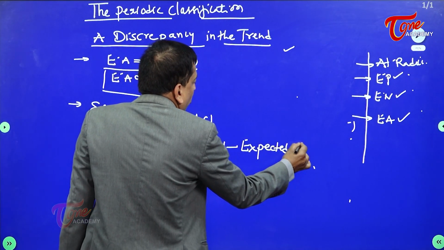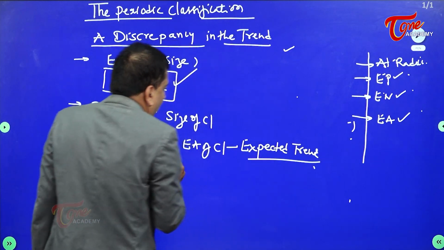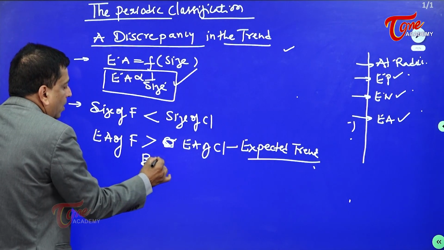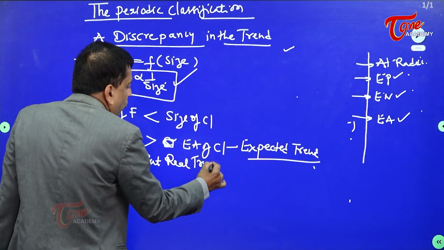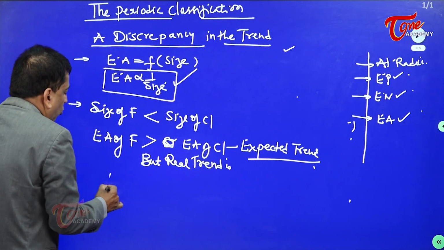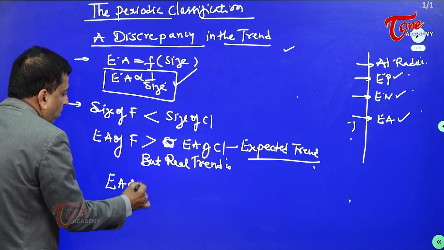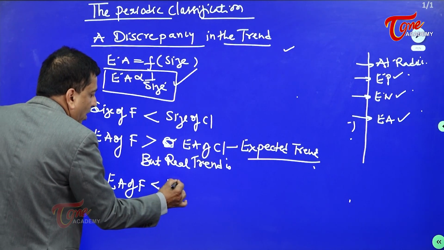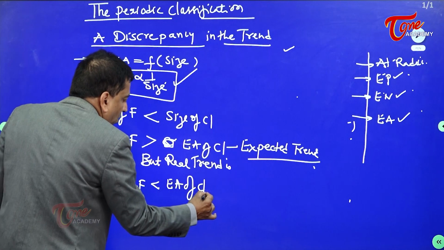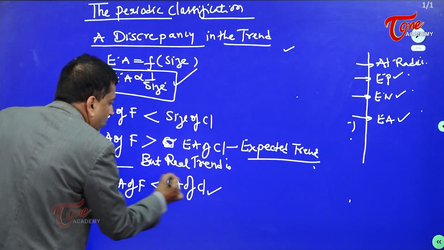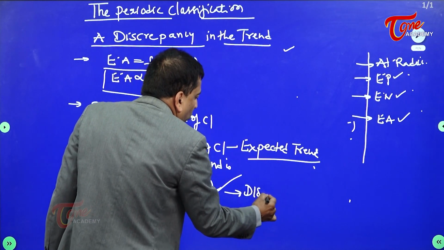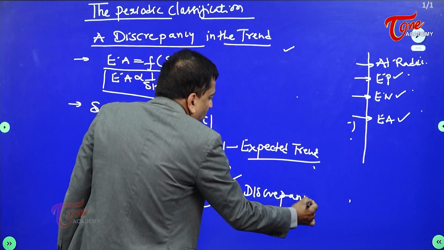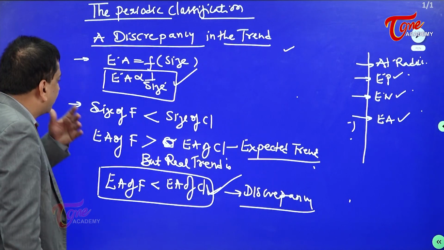But the real trend is that the electron affinity of fluorine is smaller than the electron affinity of chlorine. This is the correct trend, and that is the discrepancy.